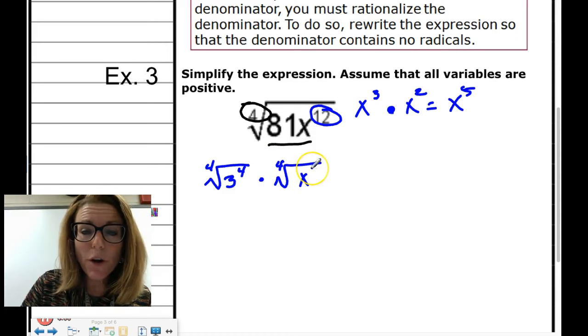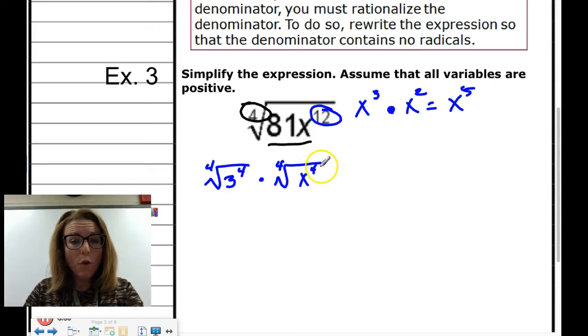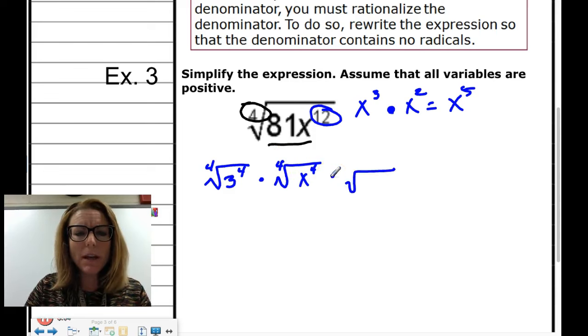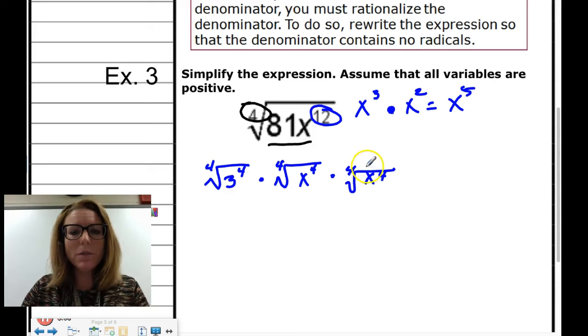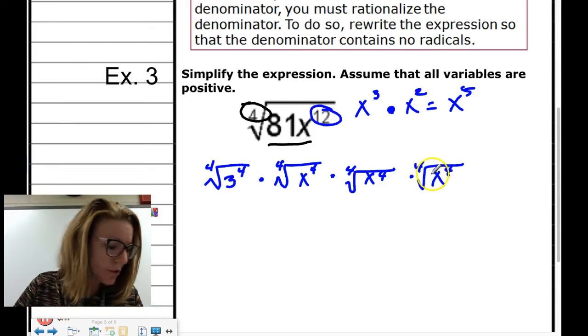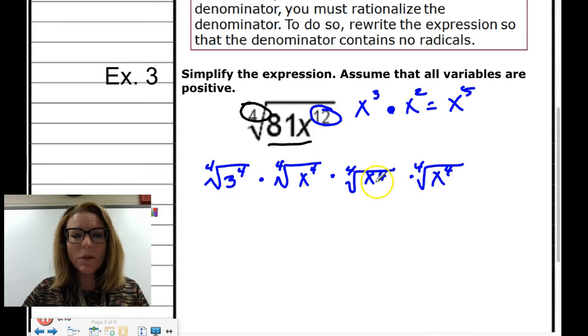When I say groups of 4, you have to start with x to the 4th, because it has to be the same as the index. If the index was a 3, I would start with x to the 3rd. So how many x to the 4th am I going to get? Well, we know x to the 4th times x to the 4th is x to the 8th. So I have to keep going. Times x to the 4th, that is going to be x to the 12th. So x to the 4th times x to the 4th times x to the 4th is x to the 12th.